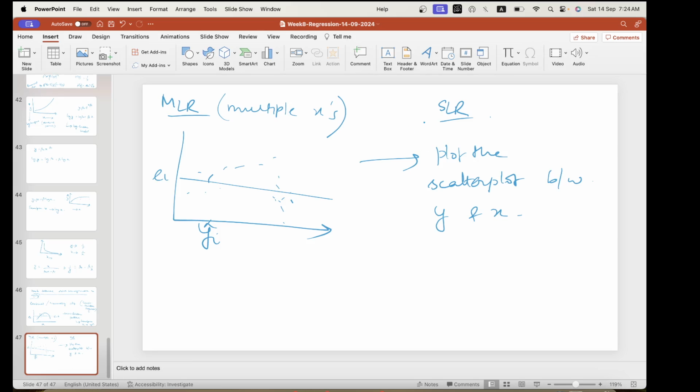So how do we do it? We plot the scatter plot between y and x, and we look out for patterns. Suppose this is x and this is y, then something like this or this would imply that y equals beta naught x to the power beta 1. Then we'll take log, and the transformation would become that y prime is log y and x prime is log x.